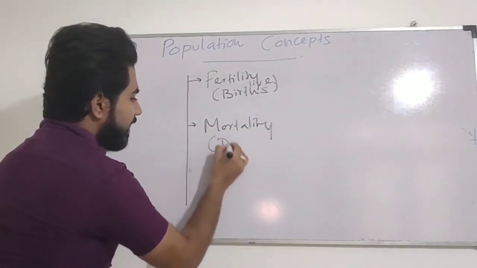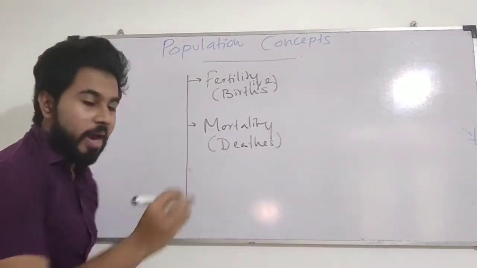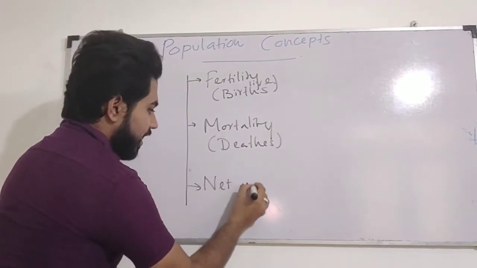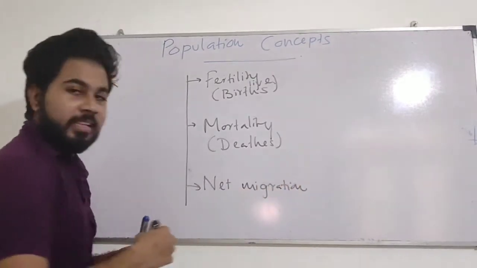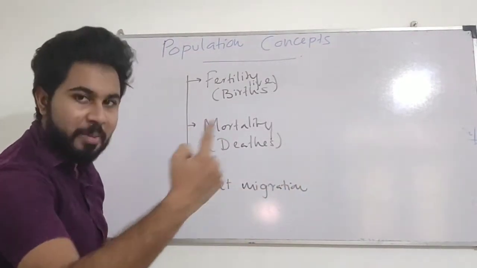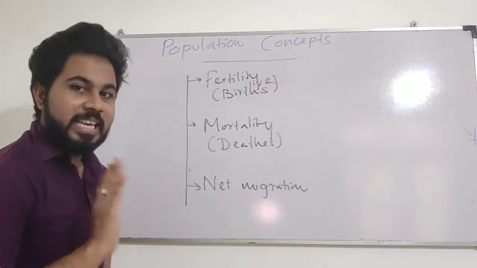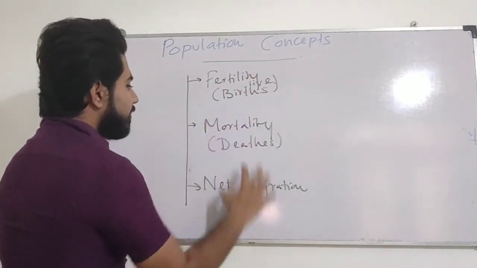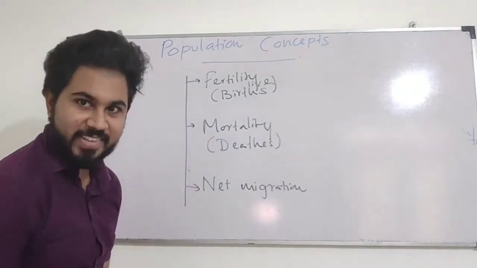Mortality means deaths. And what is the third one? Yes, that is net migrations. That means immigration and emigration. The gap between the immigration and emigration is known as the net migration. So as we learned earlier in the last video, these are the 3 main determinants of the population size.